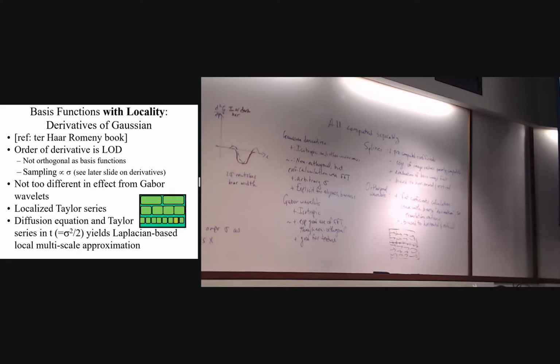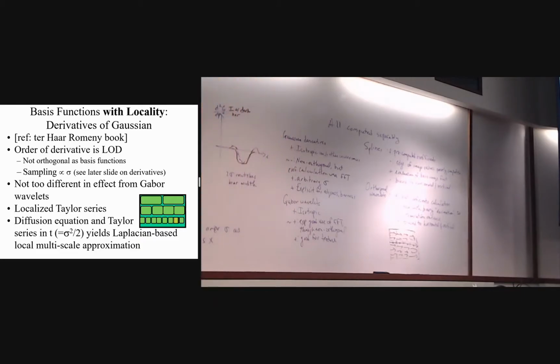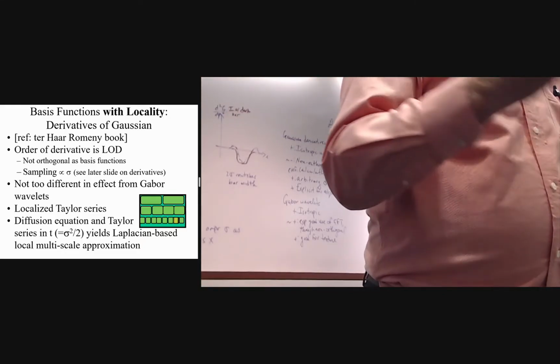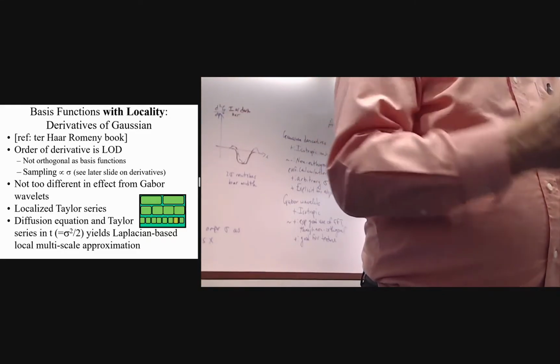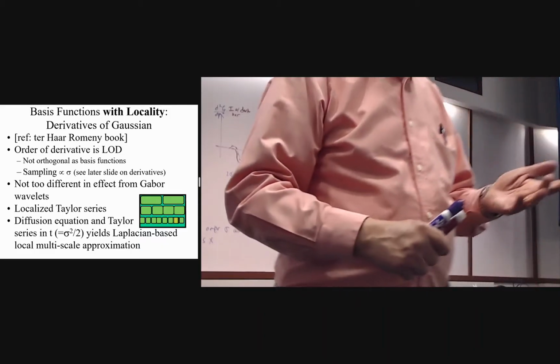Because I remind you, in the diffusion equation, the d by dt has t equals sigma squared over 2. So t is scale, except the square root of scale, if you will, the square root of aperture size.